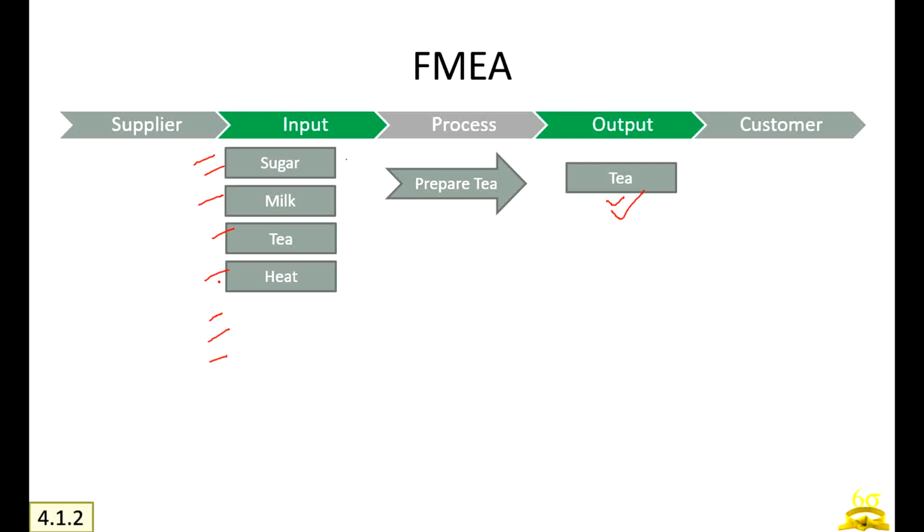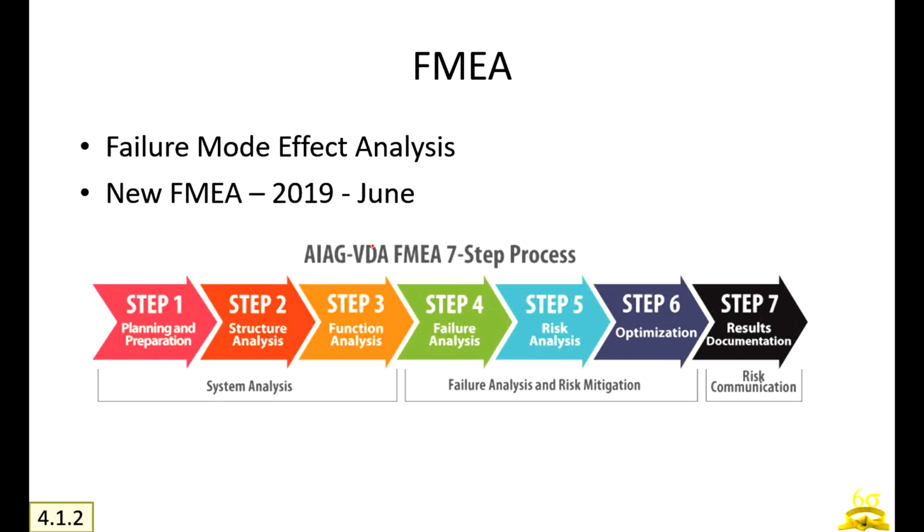It can be anything, high, low, medium, right? So anything wrong in these inputs can create something wrong in the output. That's the fundamental. And we are trying to identify, let's take the example of sugar, in what way sugar will fail, in terms of preparing a tea.